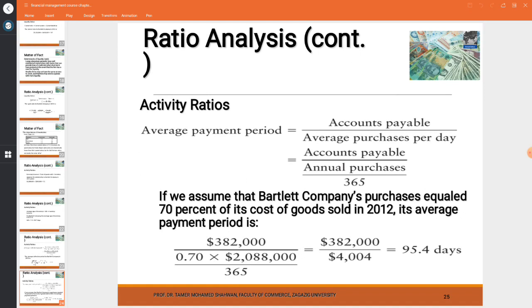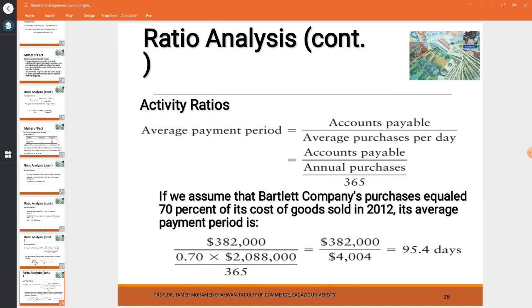Average purchases must be given in the shape of annual purchases. If you know the annual purchases and then you divide it by 365, the number of days per year, then you will be able to determine average purchases per day, and then you could determine average payment period.